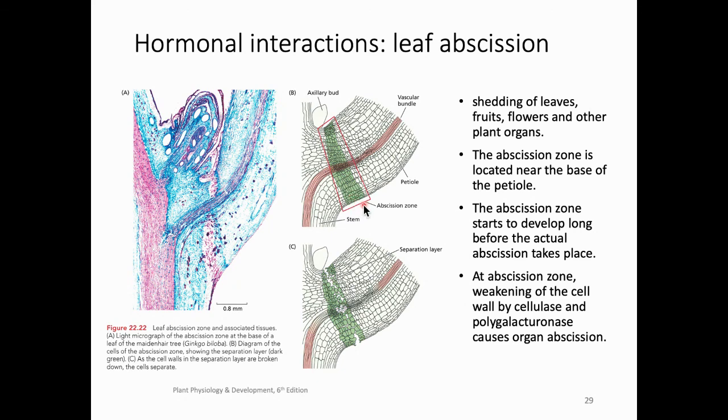This region is determined and produced long before the leaf actually falls. The cells have cellulase, the enzyme that degrades cellulose, and when cellulose is degraded, the leaf will fall.